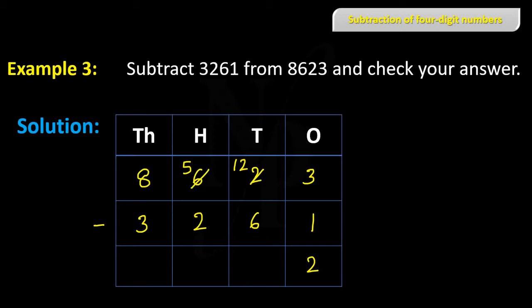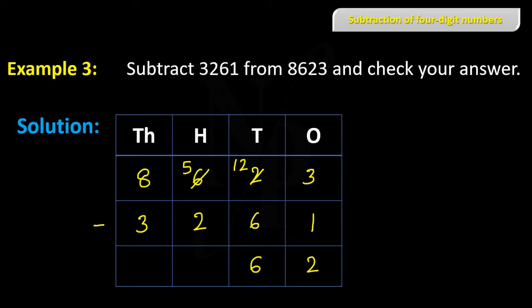So here 100 can be written as 10 tens. So 10 tens plus 2 tens were there, and together it becomes 12 tens. Now we can subtract 6 from 12. So on subtracting 6 from 12, we get 6 as difference.